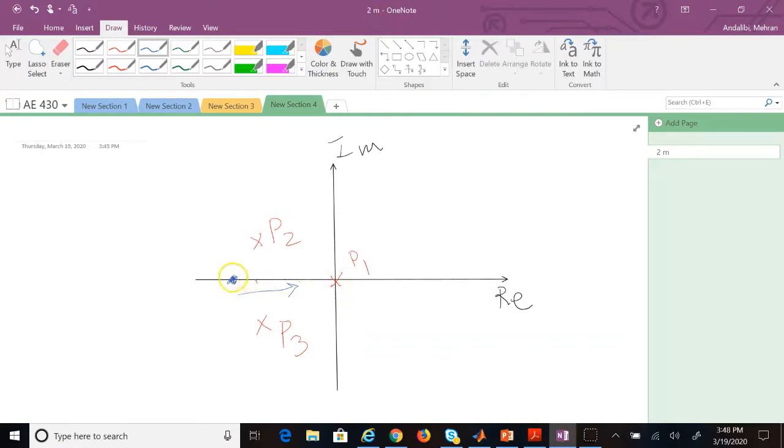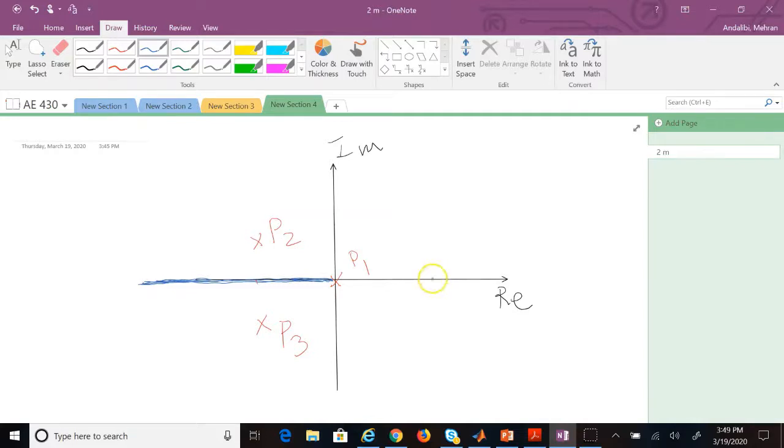So yes, that point does belong to the root locus. What about here? The same thing. To the right of that, there is only one pole and zero total. What about this? The same. So all of this portion, all of the negative side of the real axis does belong to the root locus.